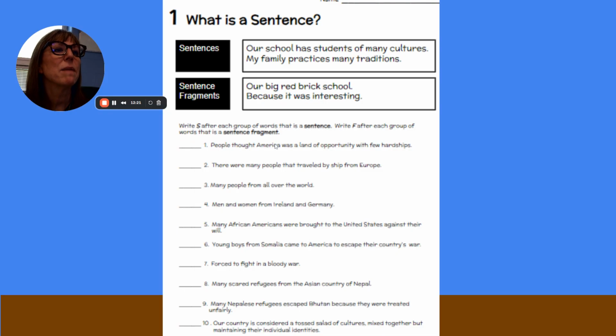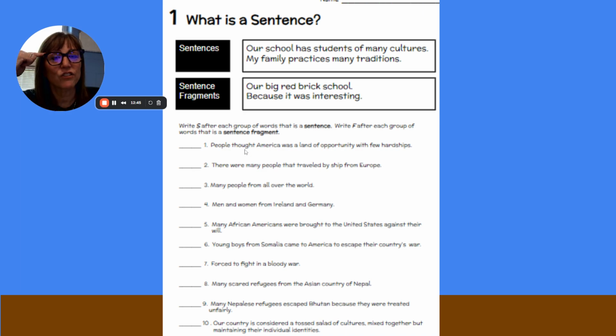People thought America was a land of opportunity with few hardships. Who is this sentence about? Does it have a subject? Yes. Everybody, who or what is the subject? You should have said people. What did those people do? They thought.